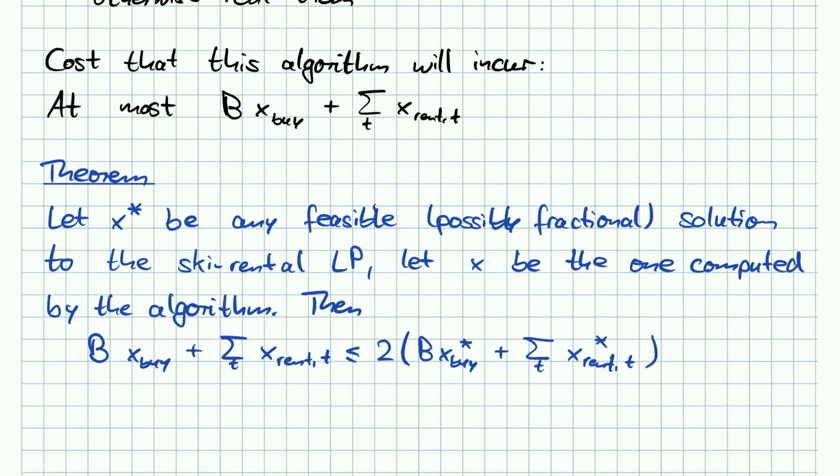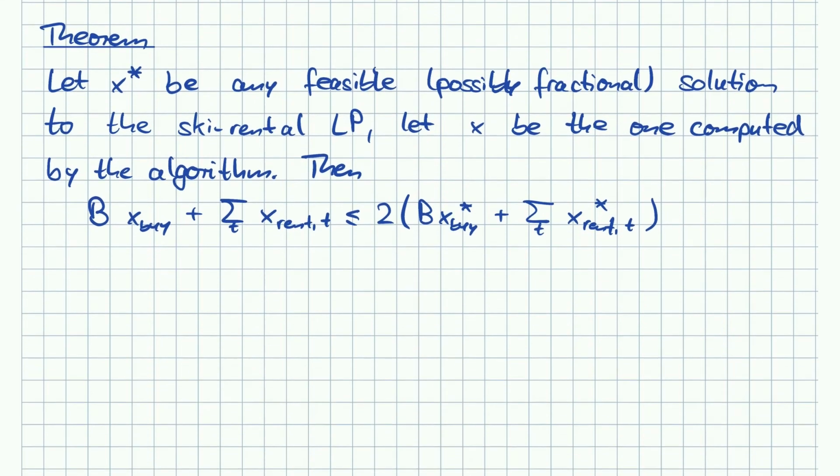And this now means we are only off by a factor 2. Our cost is at most a factor 2 bigger than the optimal cost, which means nothing but that our algorithm is two-competitive. Let's prove this.